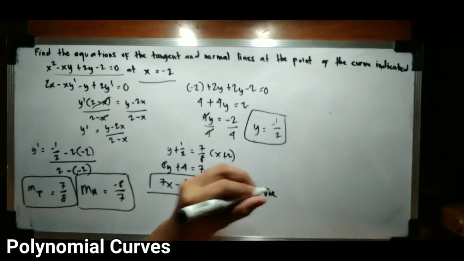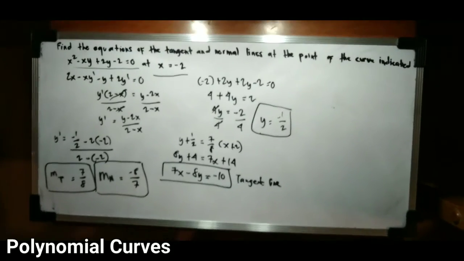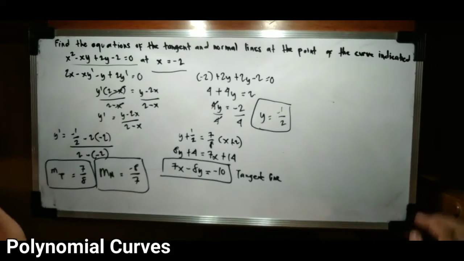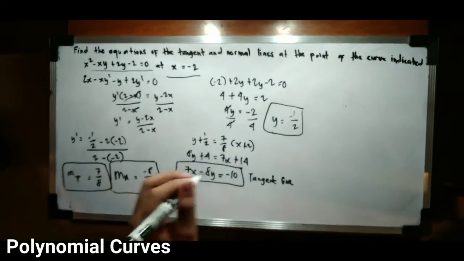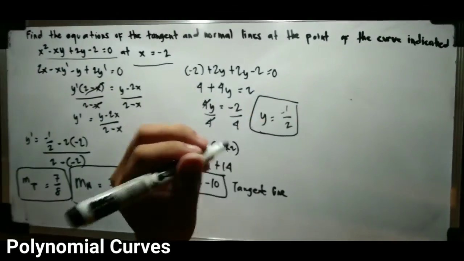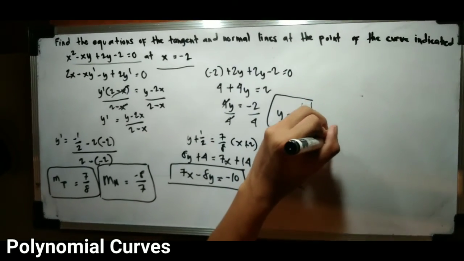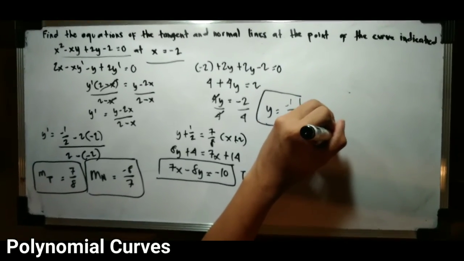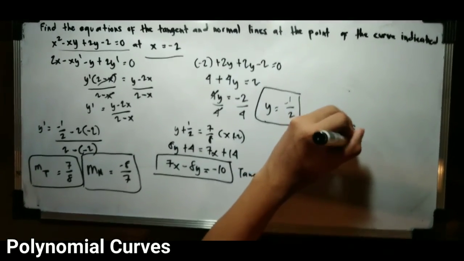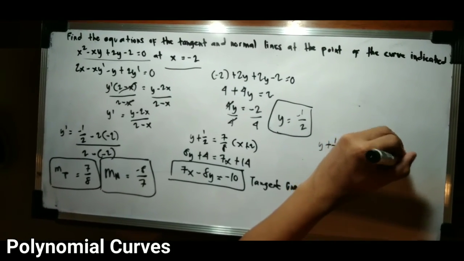Now we will get the equation of our normal line by using the slope of our normal line. Let's use negative 8 over 7. So we will have y plus 1/2 equals negative 8 over 7 times x plus 2.